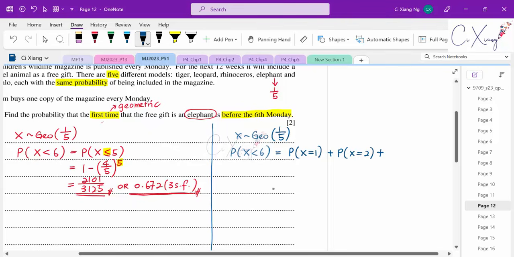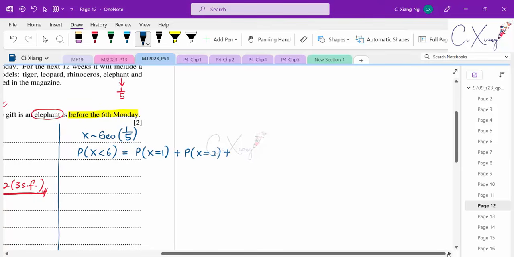According to this definition, if I continue, it can also be x equals to 3. That means when he buys the third magazine, only then he gets the first elephant. Then x equals to 4, when he buys the fourth magazine, and then the fifth magazine.